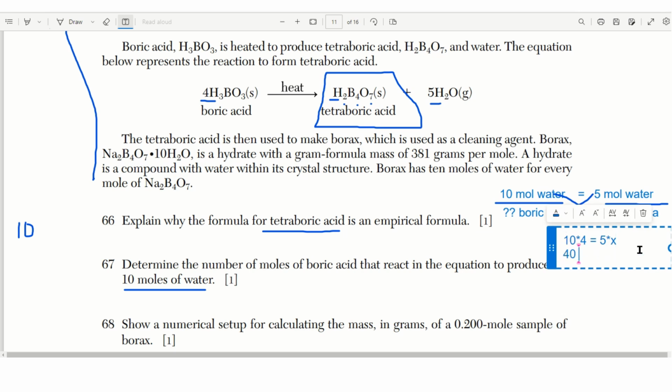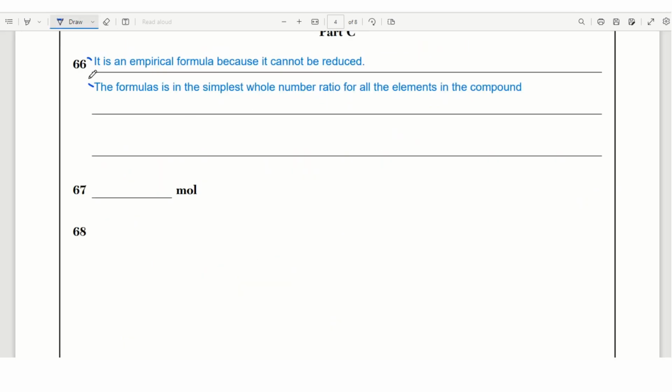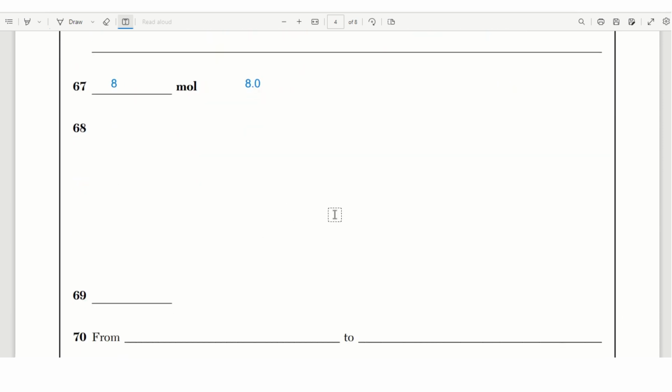That's 40 equals 5x. Divide both sides by 5, 8 equals x. So my answer over here is 8 moles. What would also be acceptable? 8.0, right? Since I have units here, I'm going to be expected to write a number. All right, now 68, I can tell it's got some space.